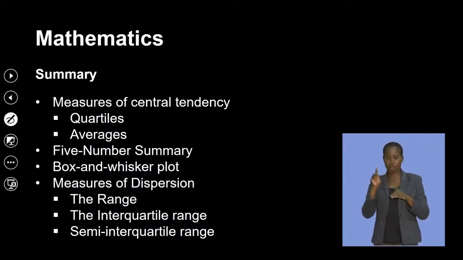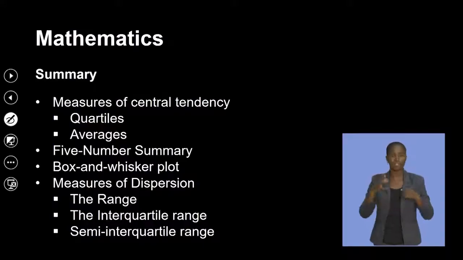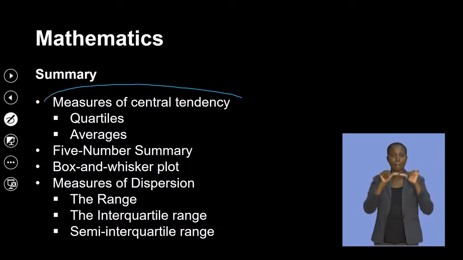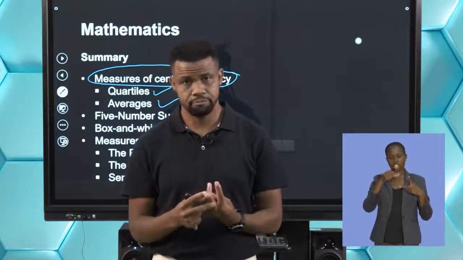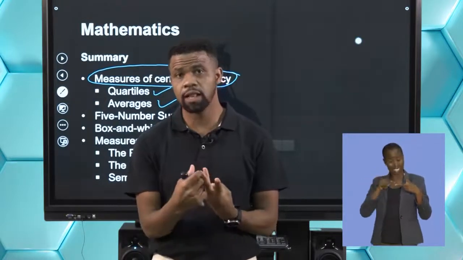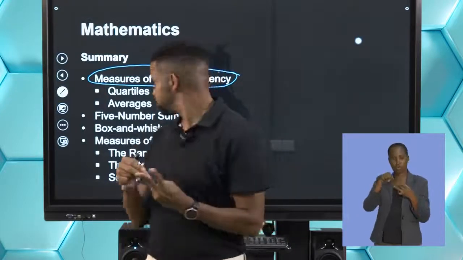So our summary here, what we have looked at today. We have looked at the measures of central tendency, which means our quartiles and averages. Remember, our quartiles are Q1, Q2, Q3, which is the lower quartile, median, and upper quartile.